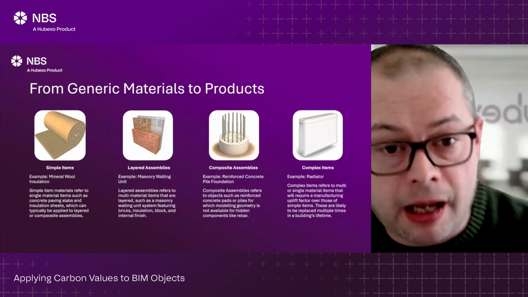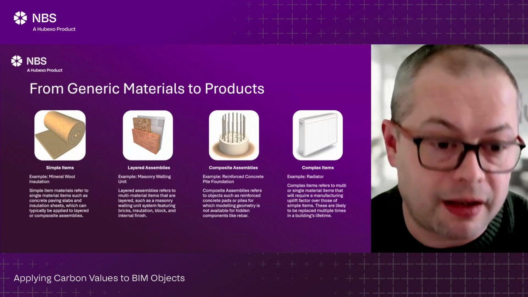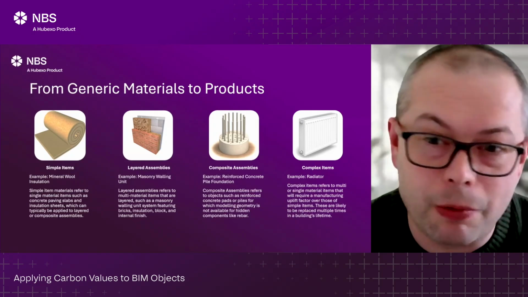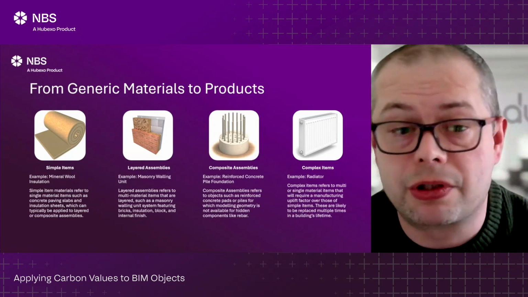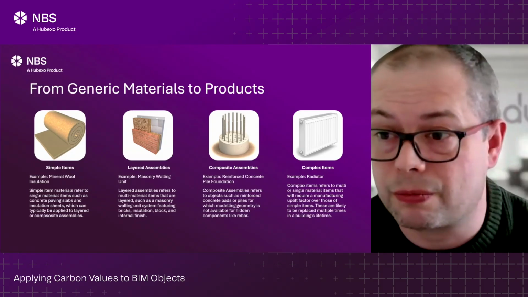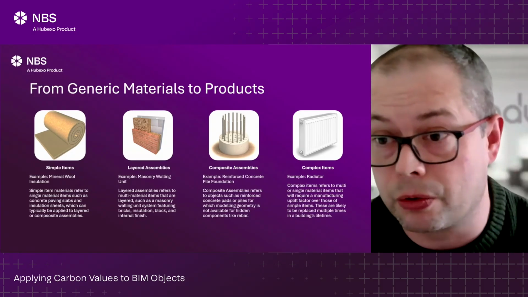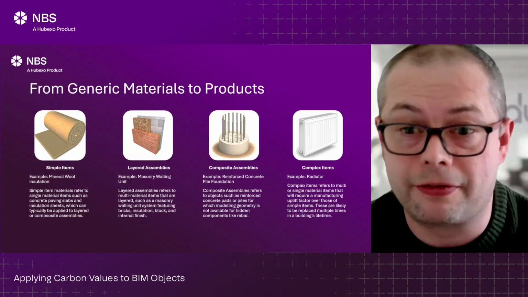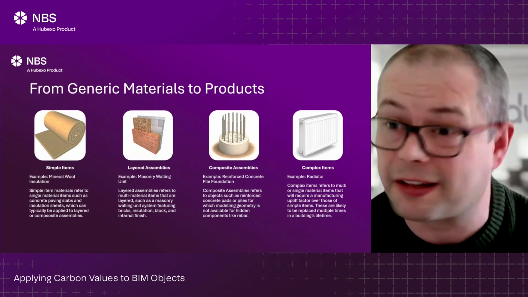So, how do we get from generic materials to products? The first thing worth mentioning is how we would consider the products, particularly from that geometry-led approach. There are different ways that things are modeled, different ways that things are procured, and certainly different types of declared units that people would want to use to calculate the volumes.